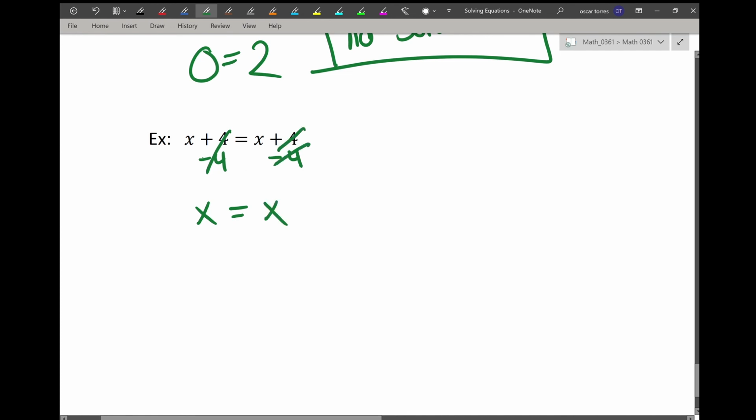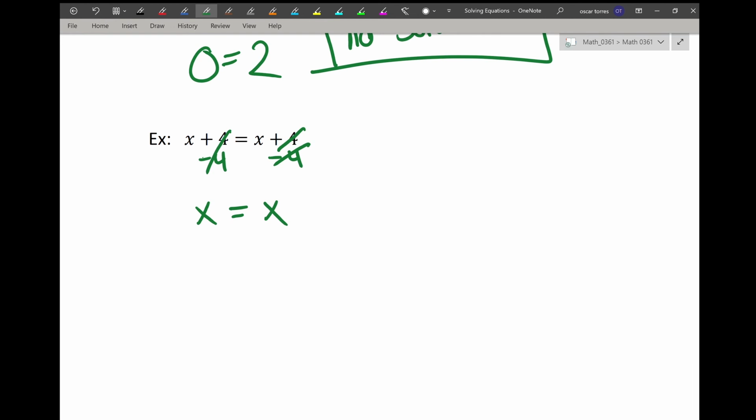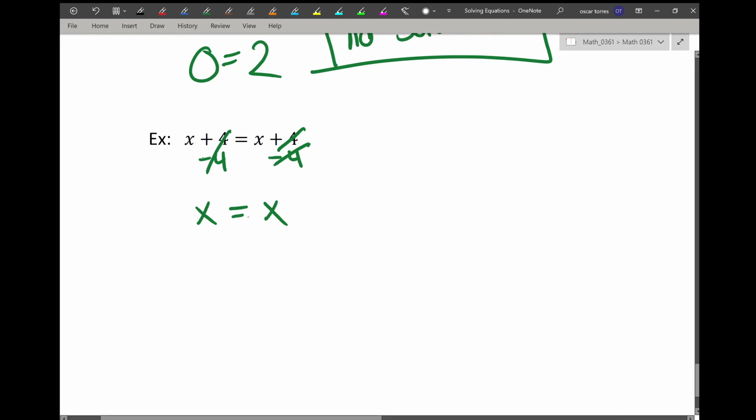So we're left with x equals x. And just like before, the way that we get rid of the x is by subtracting it. When nothing else is happening to the x, we just subtract x from both sides. Now we end up with this unique situation where we have x minus x, which is 0. And on the right hand side, we have x minus x, which is also 0.